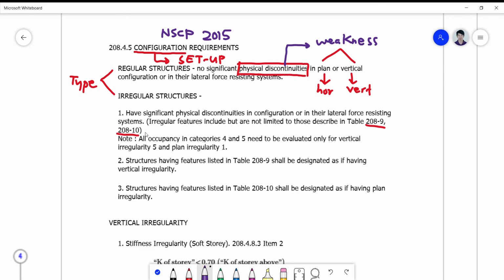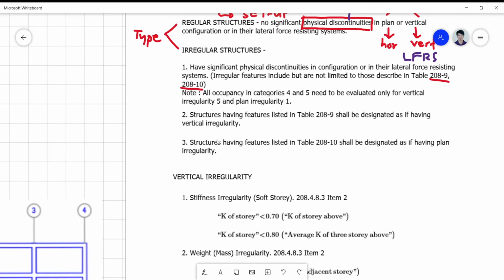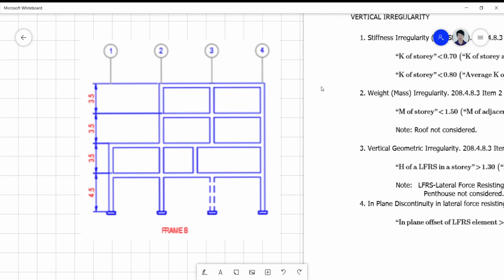Okay, for number one, the physical discontinuities are actually based on what you call the LFRS. Okay, so this is the lateral force resisting system. So I'd like to show you a figure here first before we proceed with that.